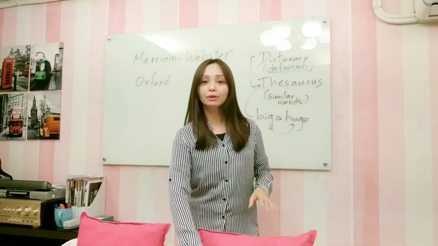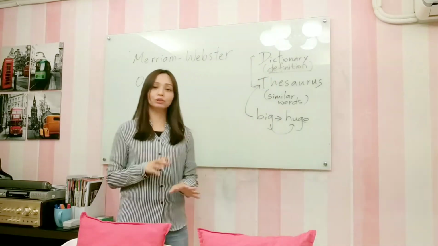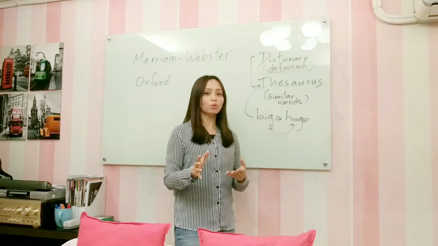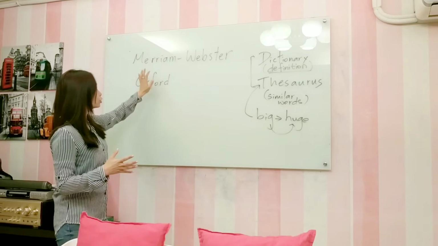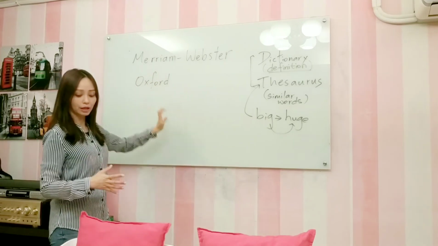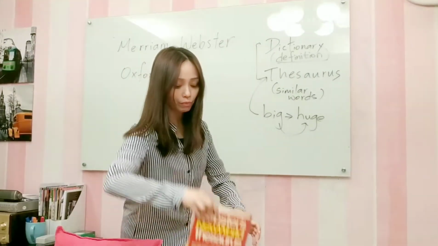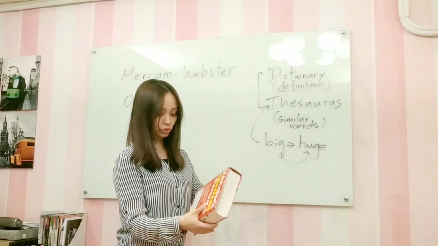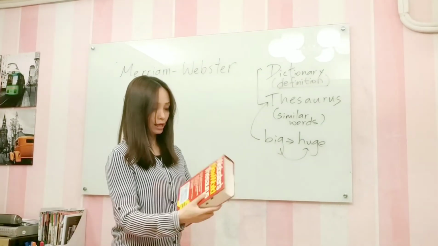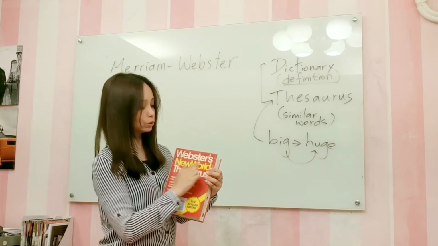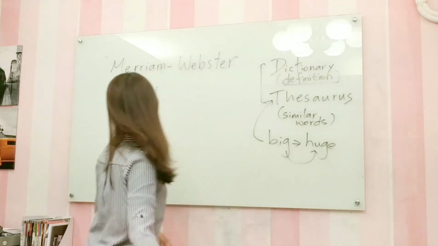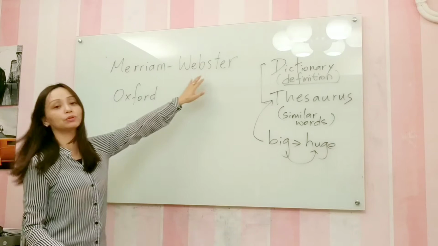Okay, so today we're going to practice the skill of using both tools for English. Now, these are the two most well-known dictionaries. This is the Merriam-Webster. Where does it say? It says Webster New World Thesaurus. The full name of this dictionary is Merriam-Webster.